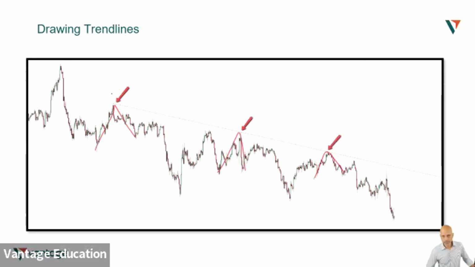Similarly here, we can also draw a descending trend line from point number 1, 2, and 3. By the time price hits the descending trend line at point number 3 and makes the bearish reversal, we've got a pretty strong case to open a short position, as we've seen price make a bearish reversal and respect the descending trend line, which itself is a barrier.